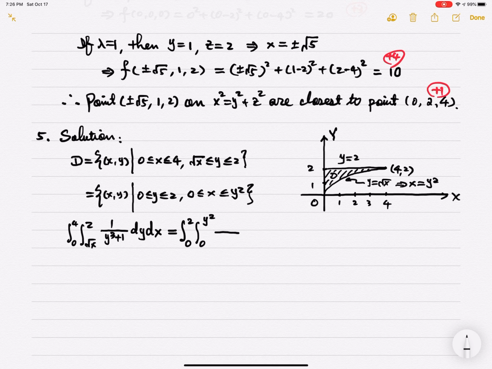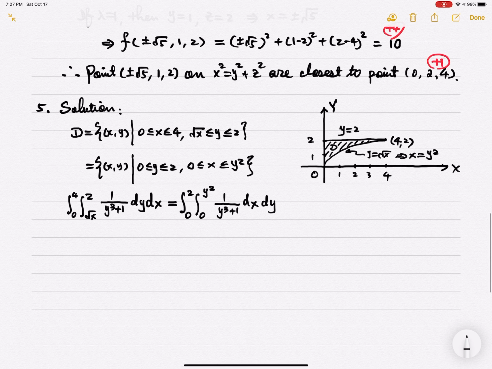Then we have the integrand that doesn't change, and then here's dx dy. Now this is equal to, so here we say 0 to 2. With respect to x, this is a constant, 1 over y to the third plus 1. Now x plug in y squared, 0, so that's just y squared dy, right?